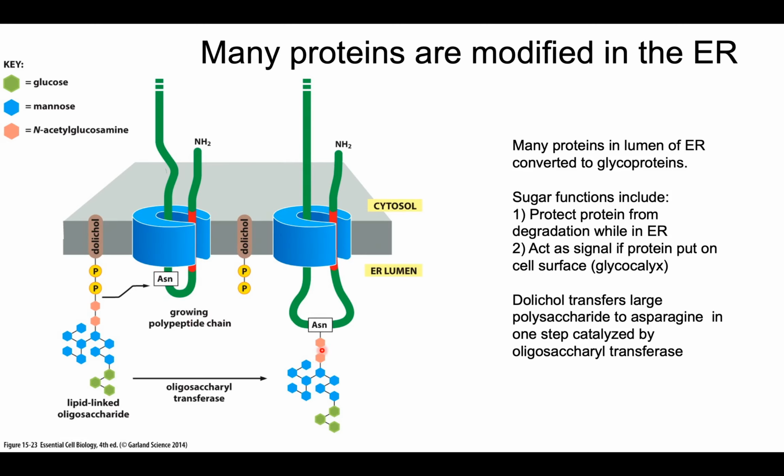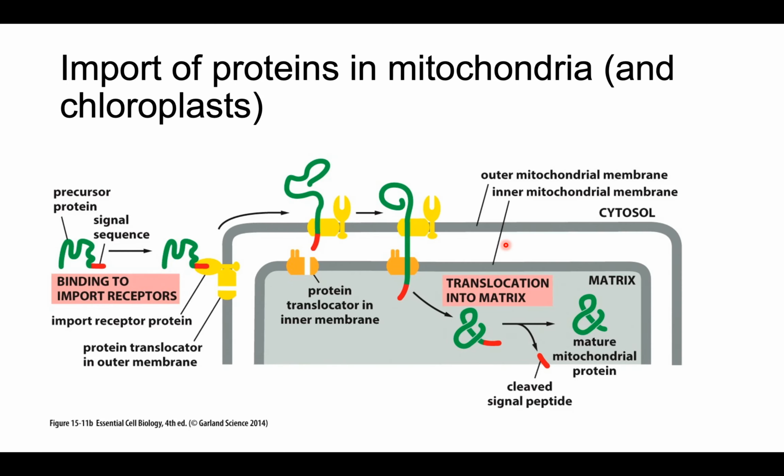Again, addition of these sugars acts in protection and also signaling as it's going through. So that was into the ER. When we bring things into the endoplasmic reticulum, they're still being translated. So as those proteins are being put together, they're entering the cytosol of the ER.